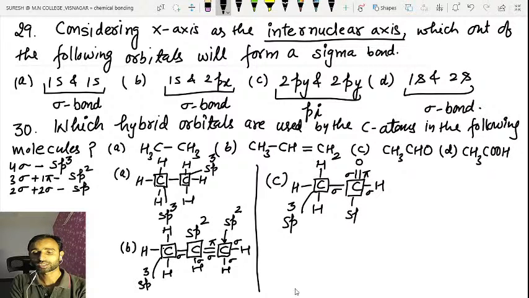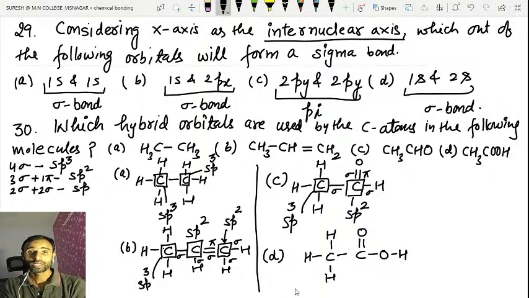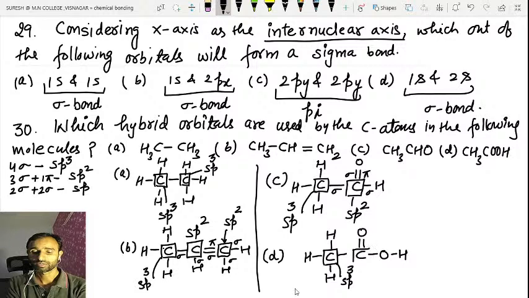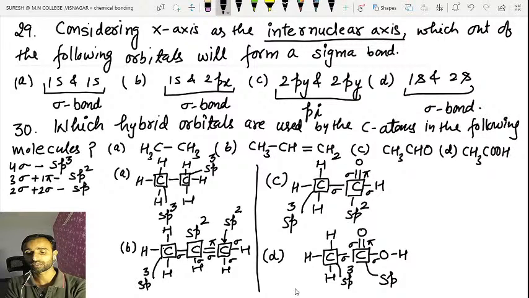So sp2. Next CH3, C double bond O, OH. In this case, this carbon is attached to sigma bonds only, sp3. And what about this? Sigma, sigma, sigma, pi. 3 sigma bonds and 1 pi bond, again sp2. That's it.